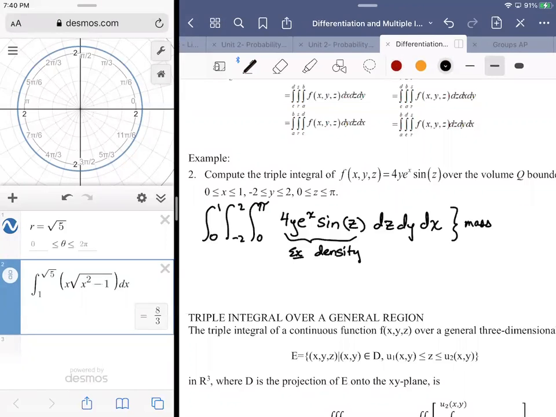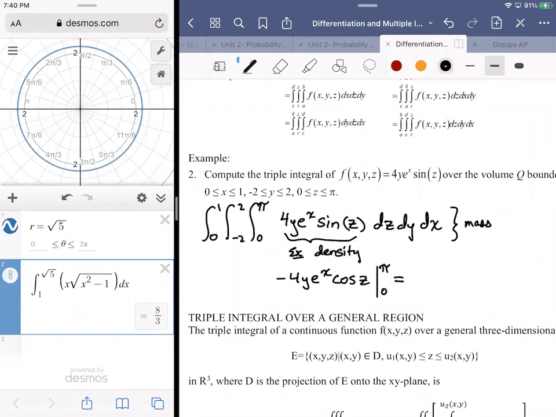Right? So you get down to the nitty gritty here and you say, okay, well, let's start off with the z's. We're looking at the antiderivative of sine is negative cosine, so -4y e to the x cosine of z over the interval of 0 to pi. Plug in the pi or the 0, and you're going to get negative or positive 1, depending.